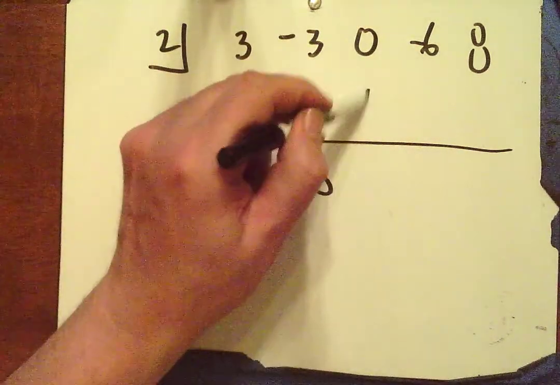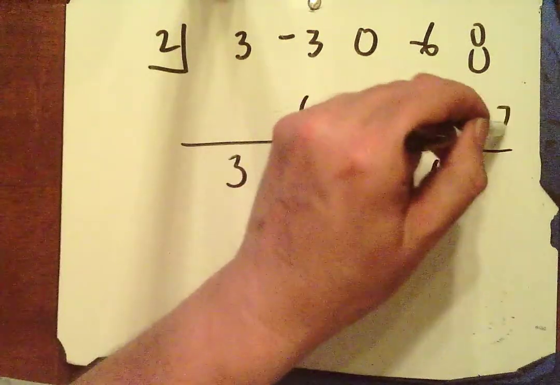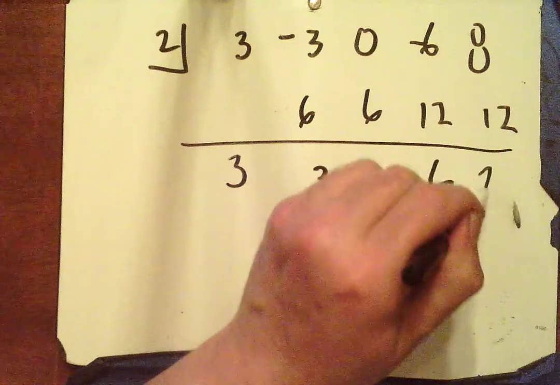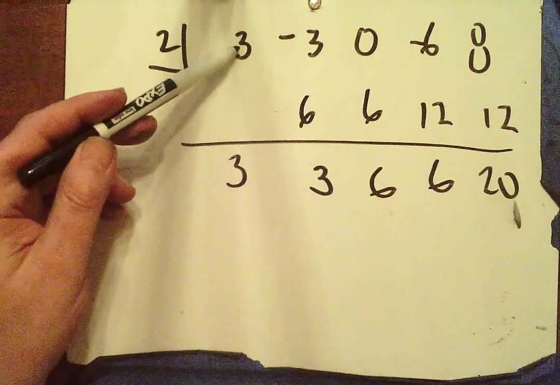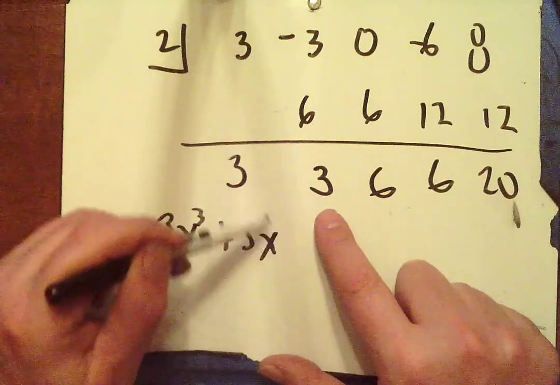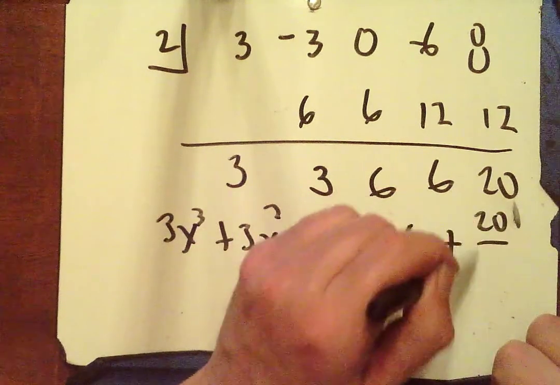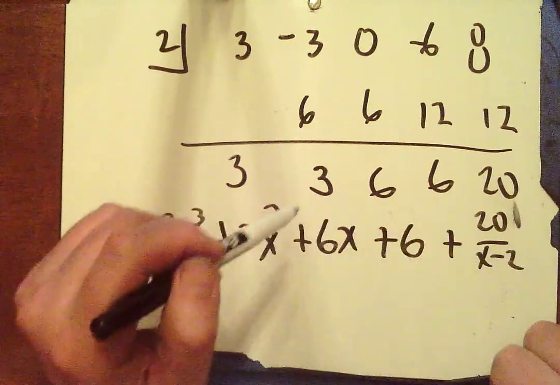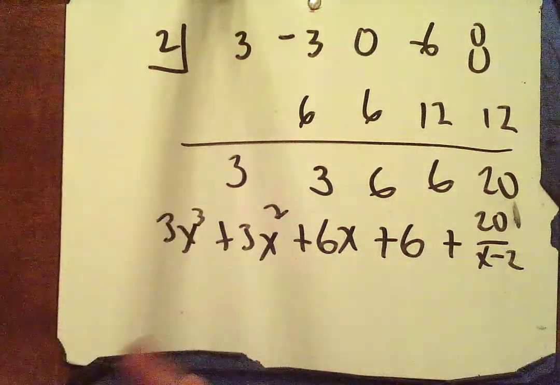I wonder why that is. 12, 6, 12, and 20. Okay, so this was 3x to the 4th, so I've got 3x to the 3rd plus 3x squared plus 6x plus 6 plus 20 over x minus 2. Okay, there's our quotient.